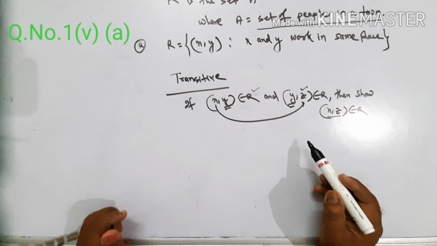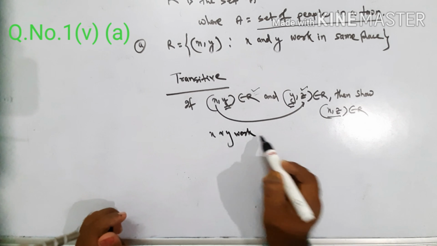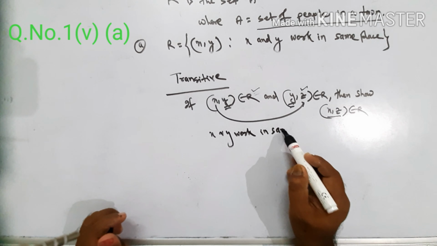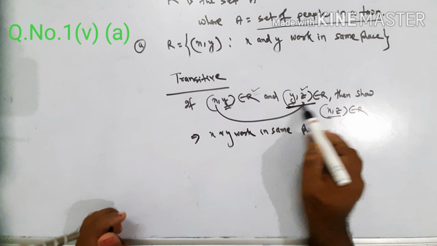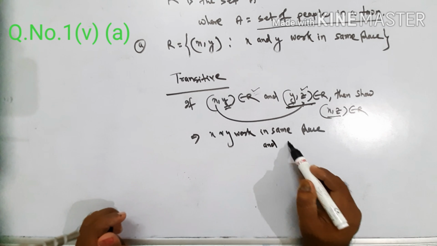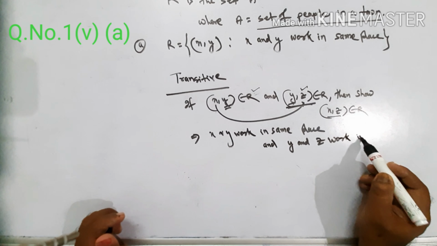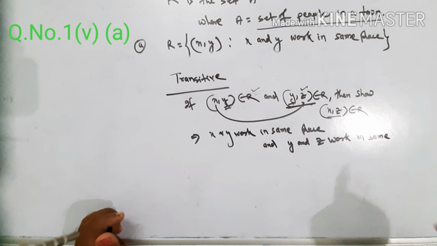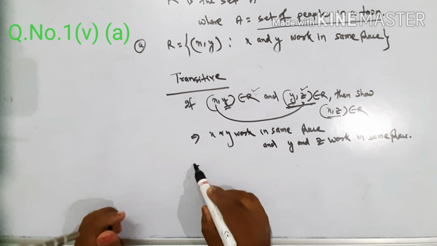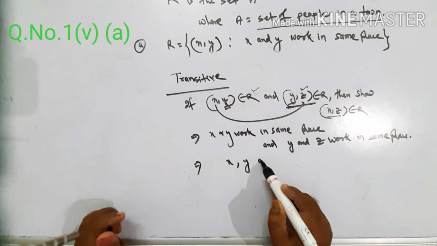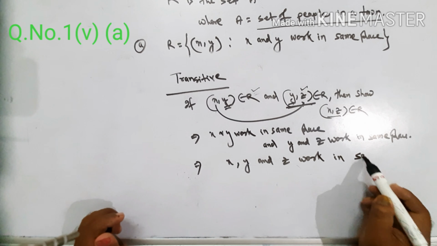Okay. Then you see from this, x and y work in the same place. Similarly, from this, y and z were in the same place. This implies x, y and z were in the same place.